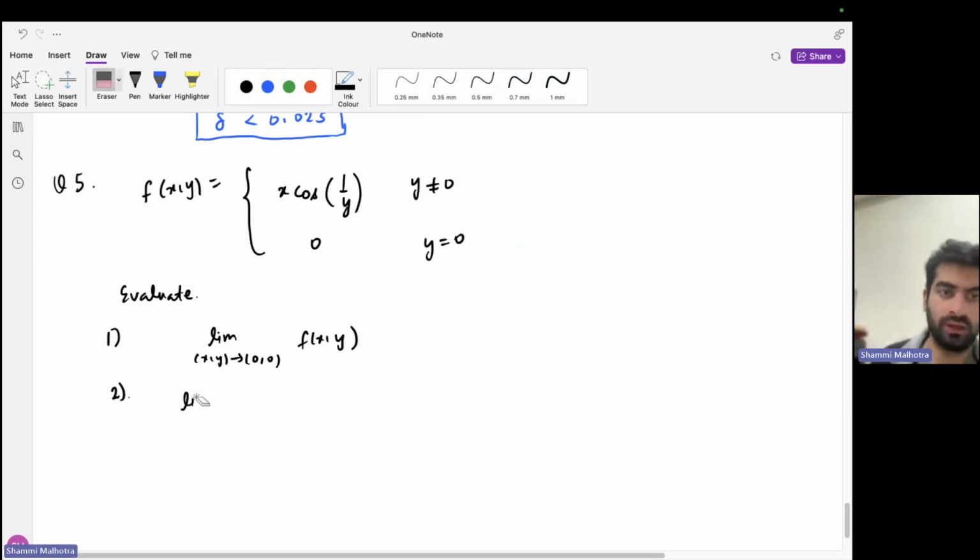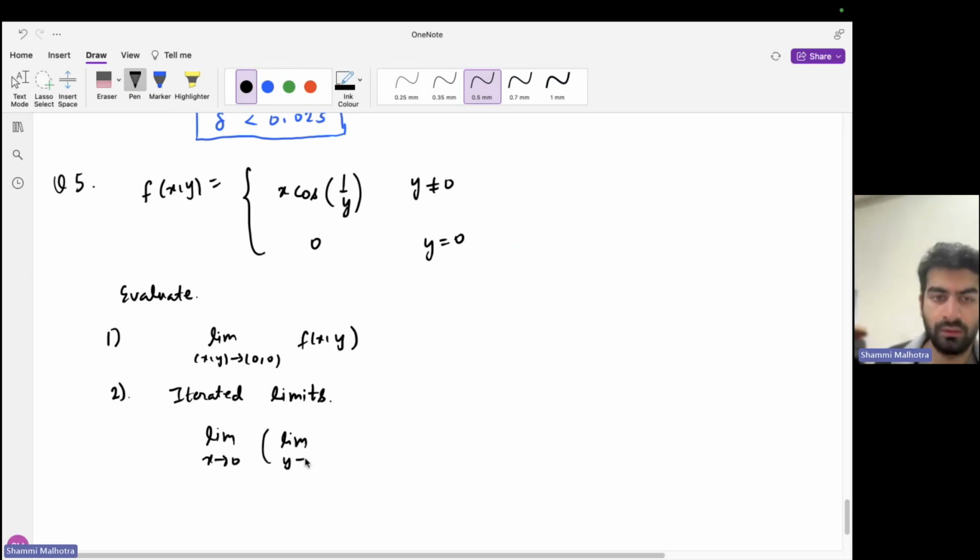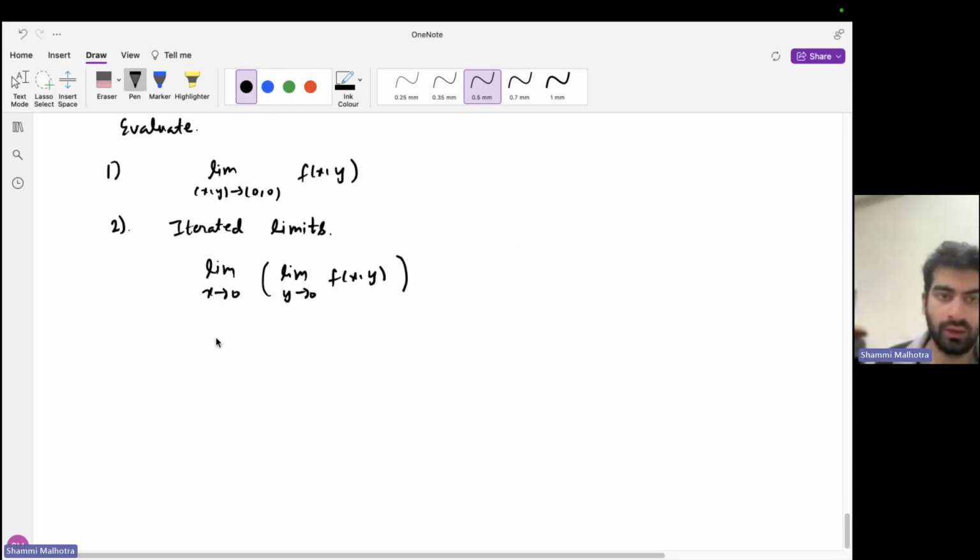So the limit as x tends to 0, and then the limit as y tends to 0 of f(x, y). And the other iterated limit I would like to evaluate is the reverse order.